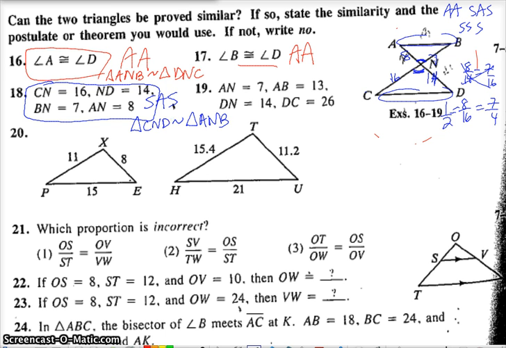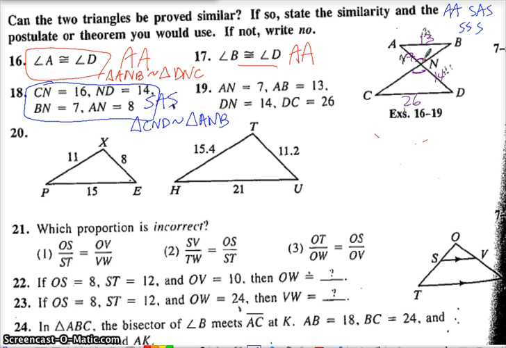Finally, this last bit of information, let me erase. It says that AN is equal to 7, and AB is equal to 13, and DN is equal to 14, and DC is equal to 26. And then let's once again mark the fact that we know these vertical angles are congruent to each other.